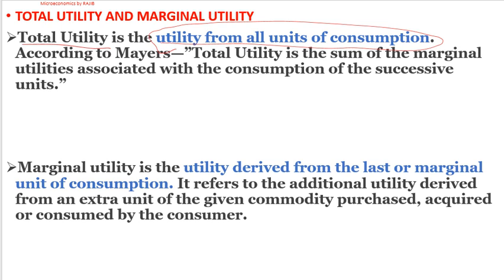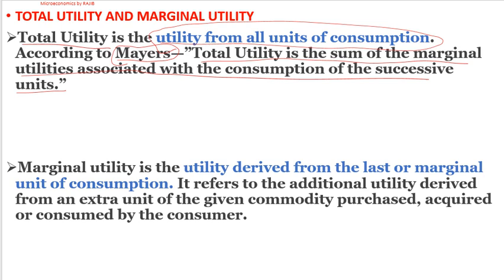And according to Mayers, a great economist, total utility is the sum of the marginal utilities associated with the consumption of successive units. Now I am giving you one example.